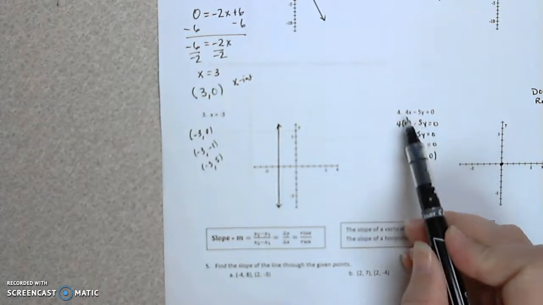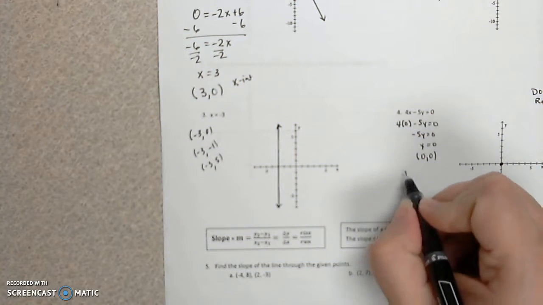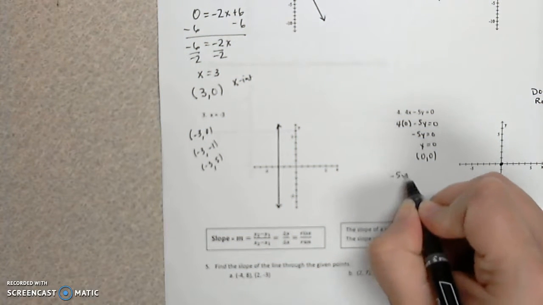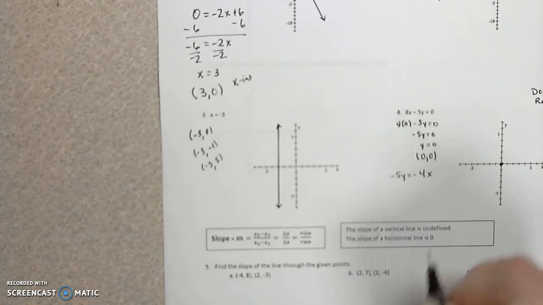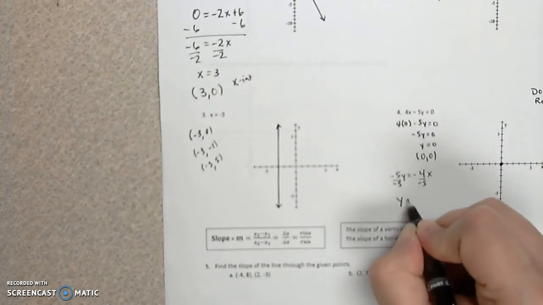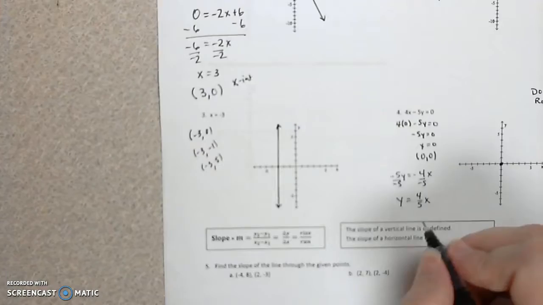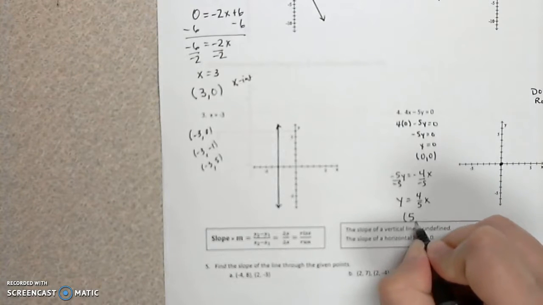So you may want to solve this equation for y. If I solve it for y, I'll have -5y equals -4x. I divide by -5, I get y equals 4/5 x. So it looks to me like the easiest value to pick would be a 5.